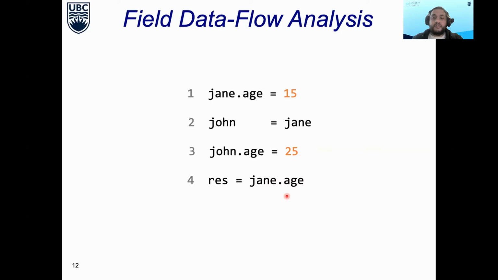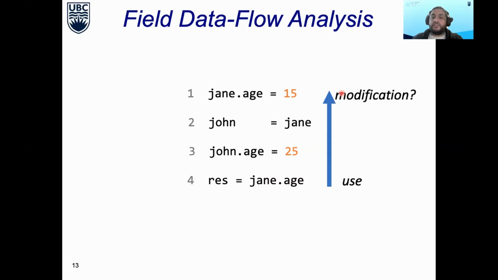Okay, let's now look for how to automate finding this modification. A naive approach would be to look for the name Jane.age on the left-hand side of an assignment. So, since the modification is always before the use, let's go back in the trace and look for Jane.age.